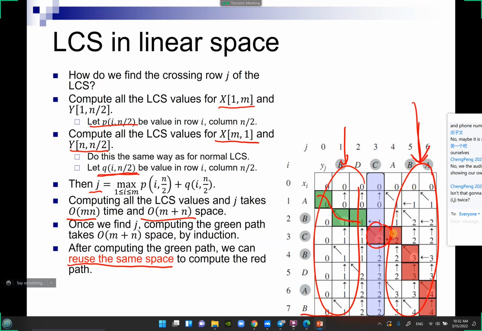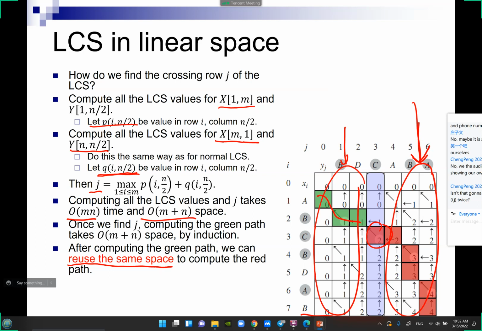In that right part, you would compute the red path, and then you add them together. So even though you solved 2 problems, each of which took 1 megabyte of space, in total you only use 1 megabyte of space, because after you were done with the first part, you reuse that 1 megabyte for the second part.